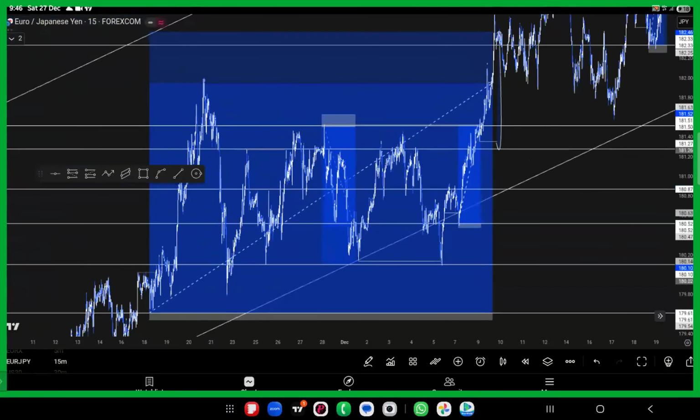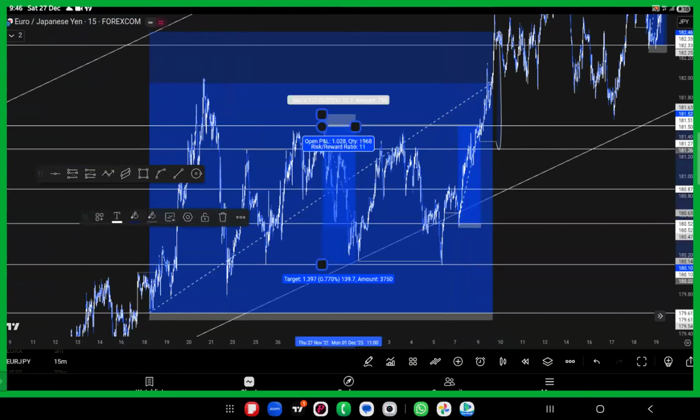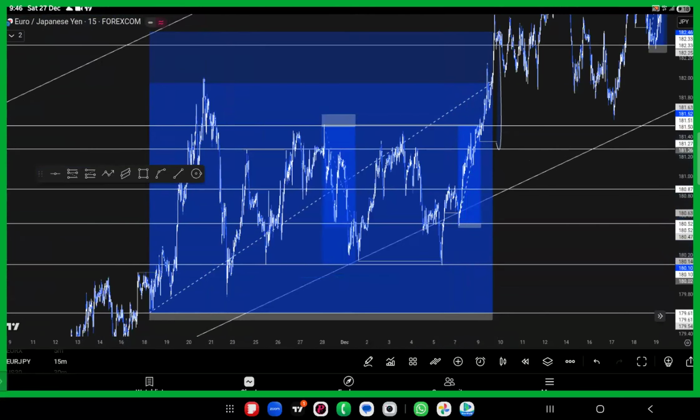Then this trade that I took, that was all this trade since November 18th to almost a month later, well, the next month, December. And inside it, I call this short position. This was a 1:11, while this one was a 1:22. This was the last long I took before price got to its destination.